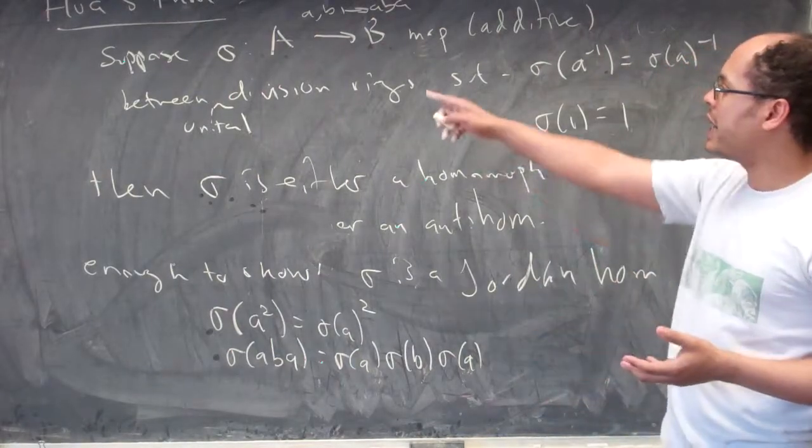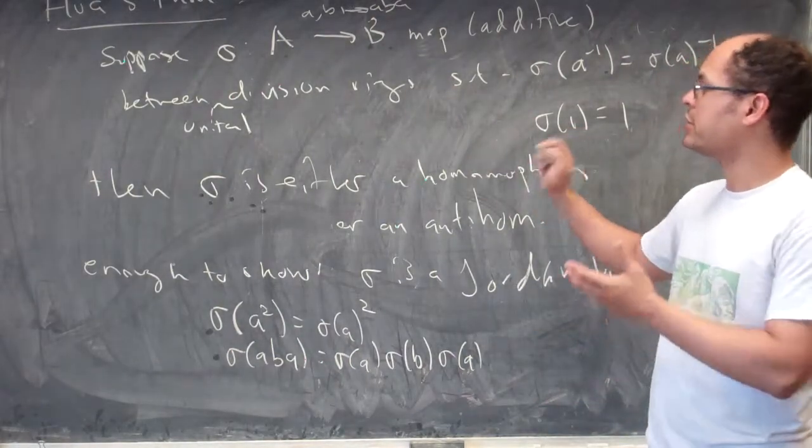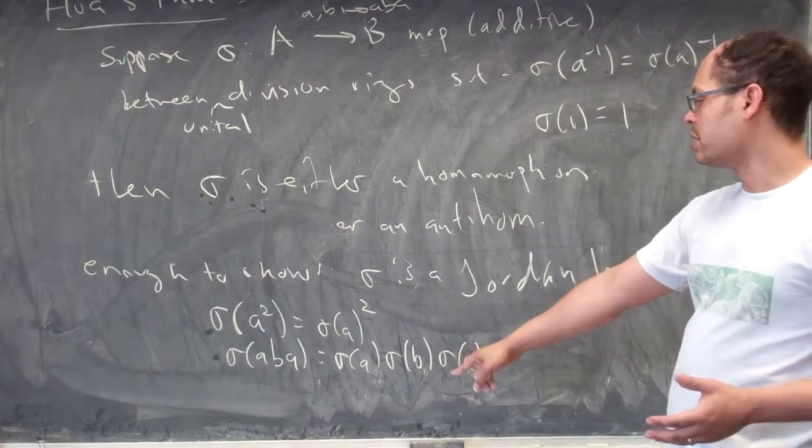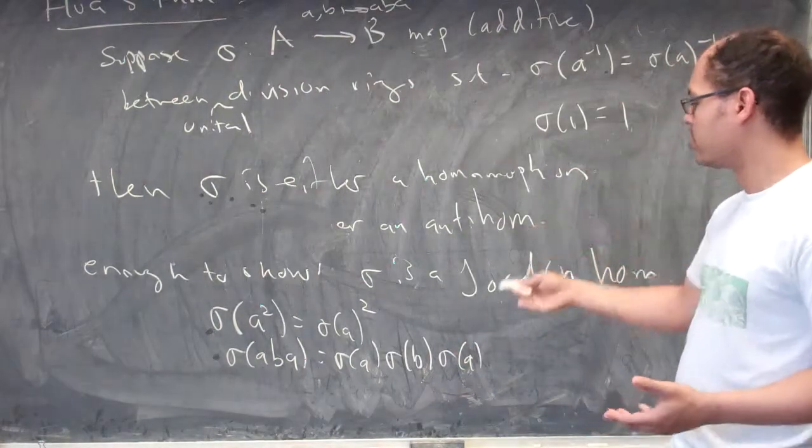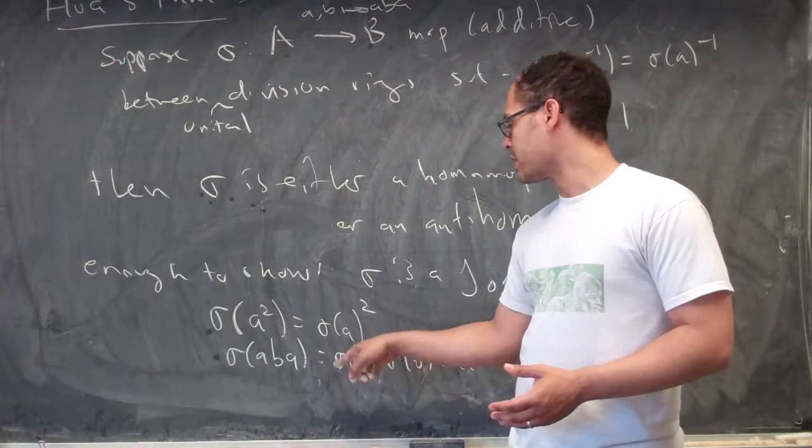But because A actually has a unit, and because sigma is unital, it's actually enough just to check the second one.